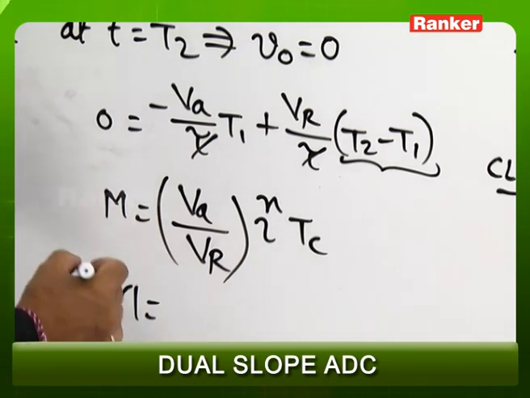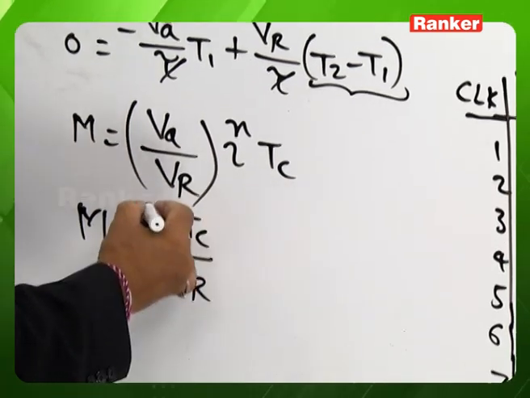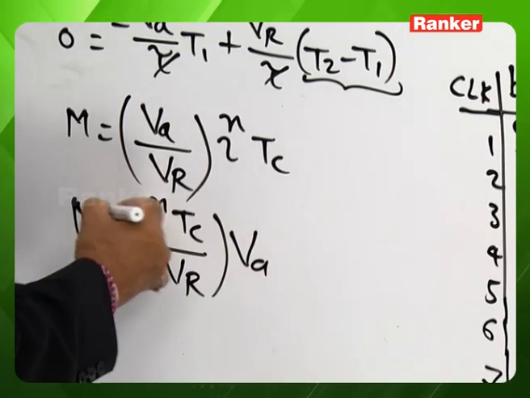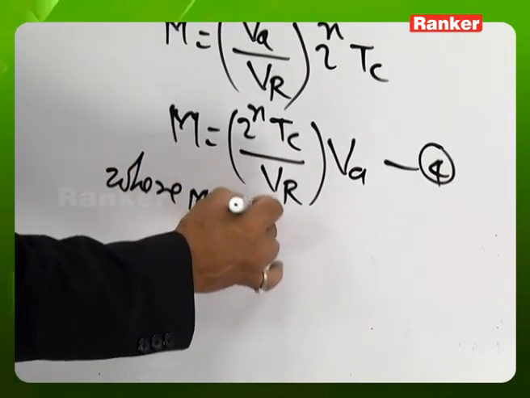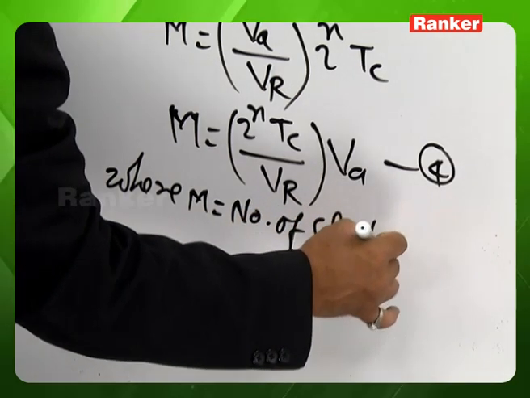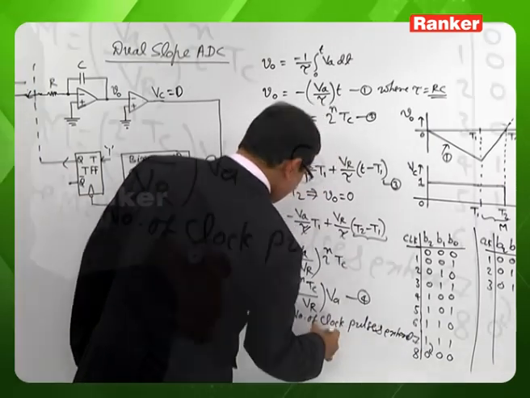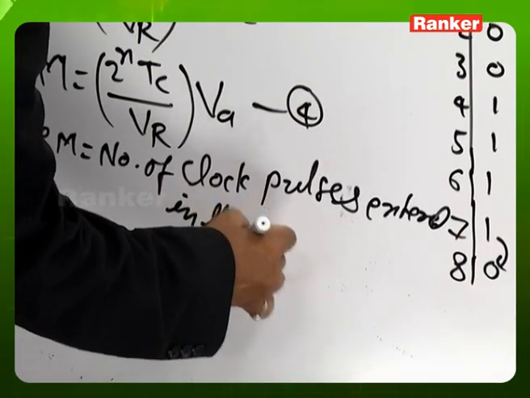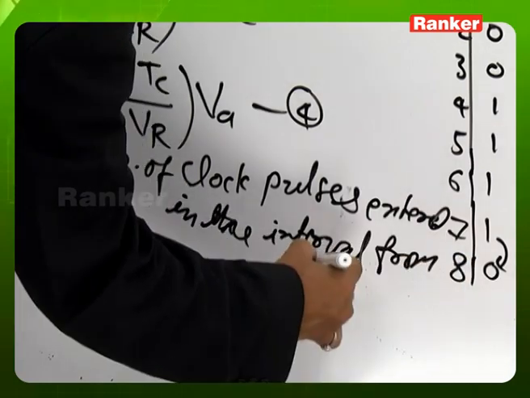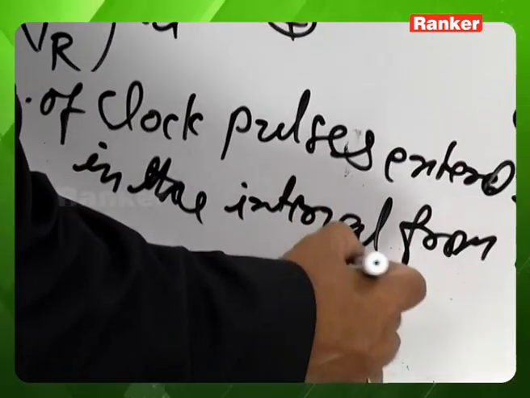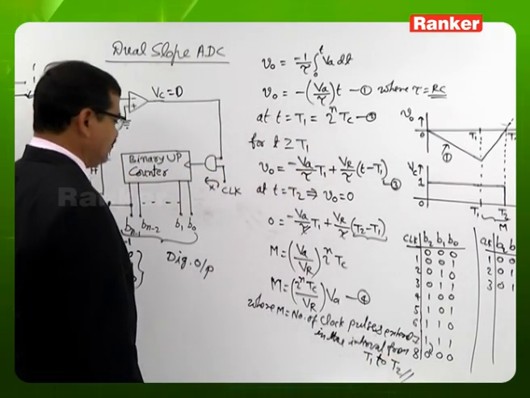So it is coming to be 2 to the power of N into Tc by VR into VA, where M is the number of clock pulses entered in the time interval from T1 to T2.